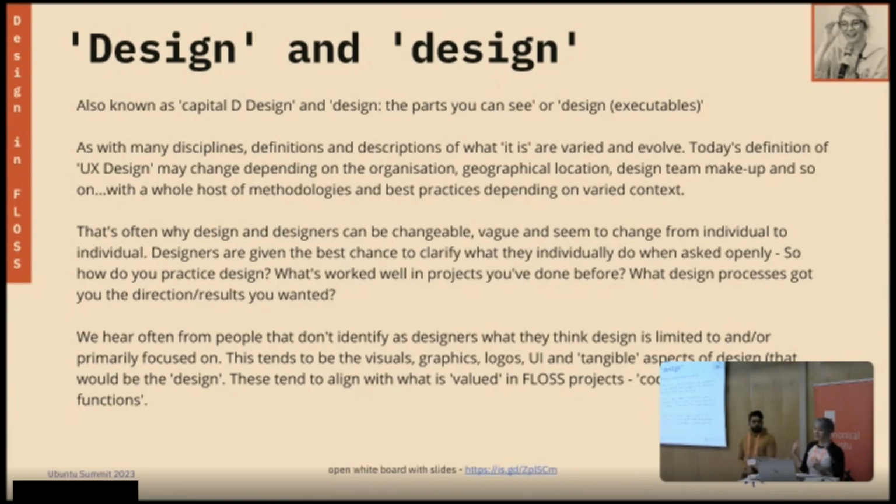So that's the design of the parts you can see. So you could describe that as GUI, graphical user interfaces, visual design, graphics and logos. Or also, I've described capital D design as design executables. So something which looks like or functions like something which can be tangibly seen and contributed. So something which is much more like, that's design. And a lot of people can agree, that's design.